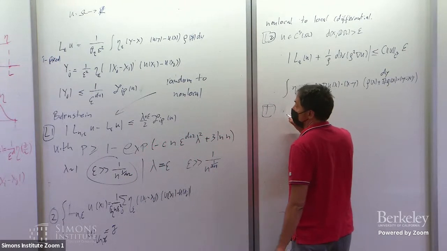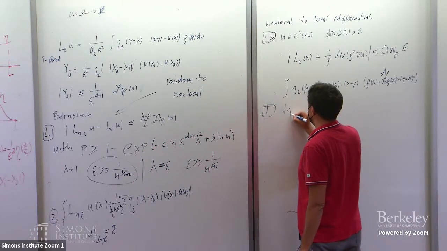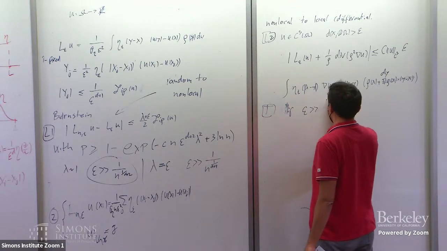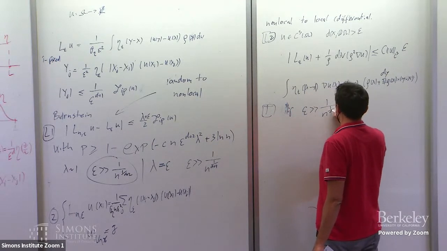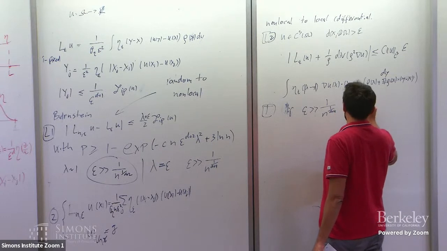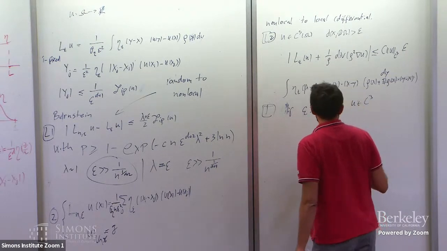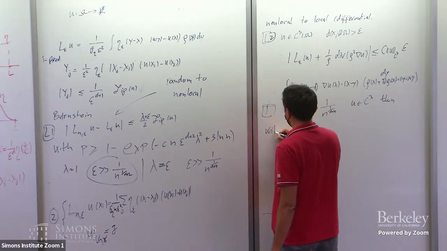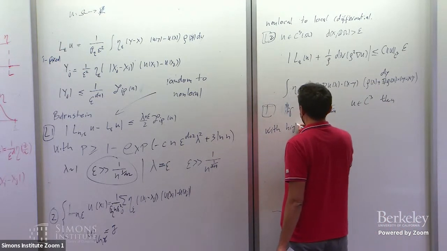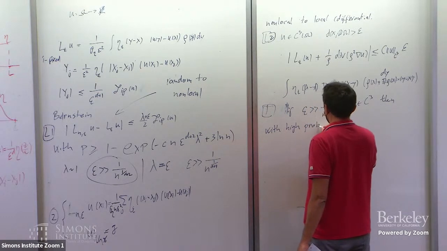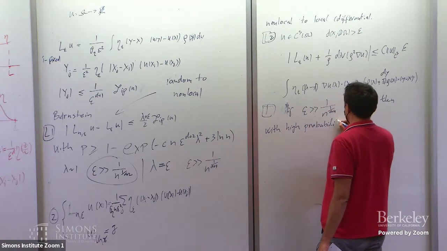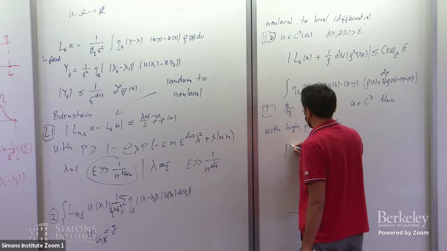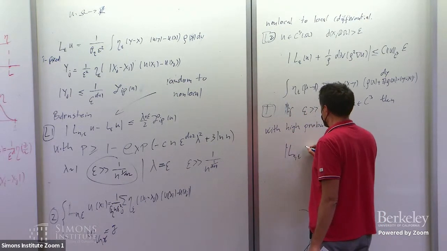So, okay, let's say, if epsilon is much bigger than 1 over n to 1 over d plus 4, and U is a C3 function, then with high probability, we have that L n epsilon of u.